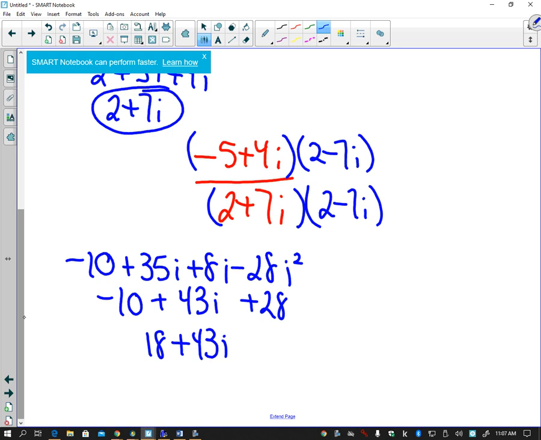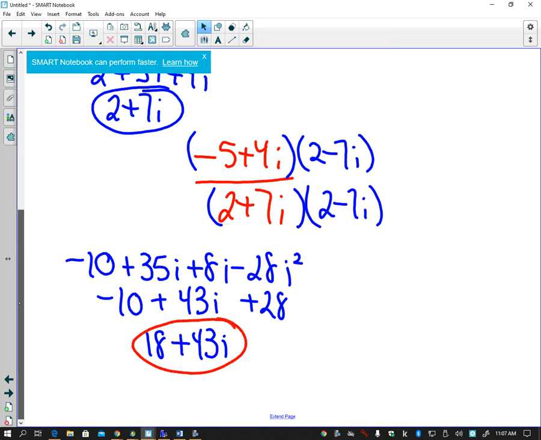That's my numerator. It doesn't matter if 43i is in front, but you need to be in the habit of putting the constant first and then the imaginary. It's a good habit to get into because it will matter later on down the road. So we hold on to this, and now we work with our denominator.